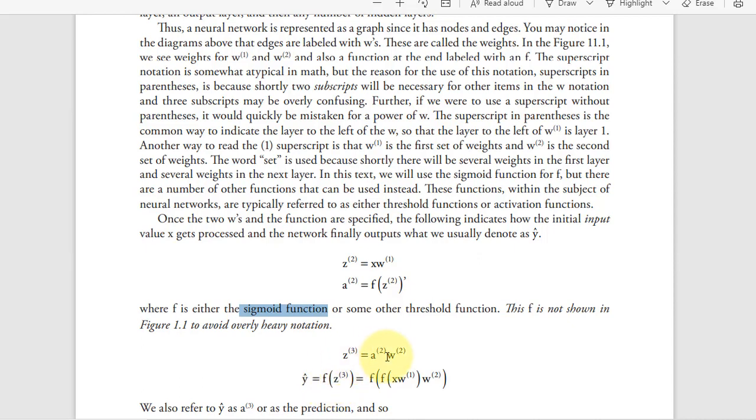Z3 was this, and what was A2? A2 was this. So instead of A2, I could write f of z2 here. So I have f of z2 w2. And I'm sorry, what was z2? It was this. So if you just put all of these into here and replace everything, you end up with this.